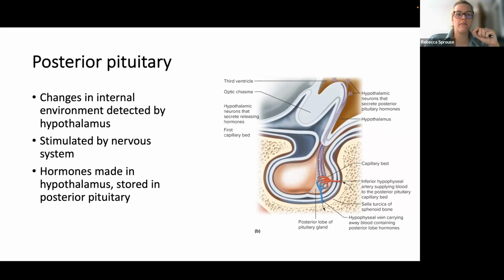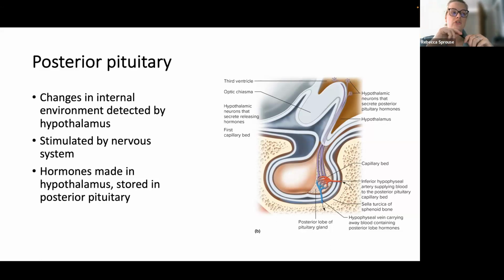So the hypothalamus detects a change in the environment, but it sends a nervous impulse down the axon into the posterior pituitary gland. And from there, the posterior pituitary will release its hormones in response to that nervous response. Remember, there were 3 different ways that hormones are released. One's by the hypothalamus, one's by the nervous system, and one's by the gland's own detecting of the environment, right?